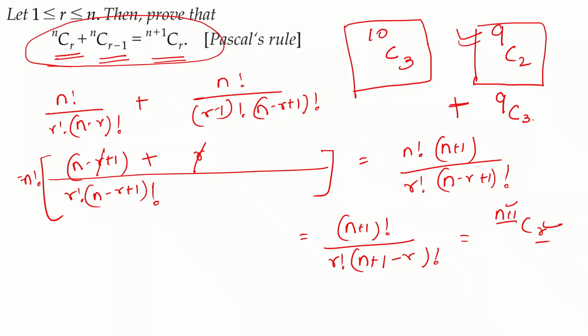The total number of selections of 3 balls out of 10 balls is the sum of 2 selections, where one selection says that one particular ball is never there, and the other says that one particular ball is always there. So if you add those up, then you should be getting the total number of selections that can be made from 10 balls for 3 balls. Okay, that is the intuition behind it. Mathematically you can also do it like this, but intuitively it has some meaning as well.